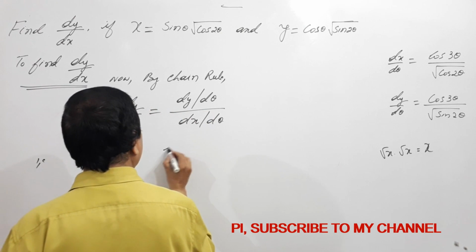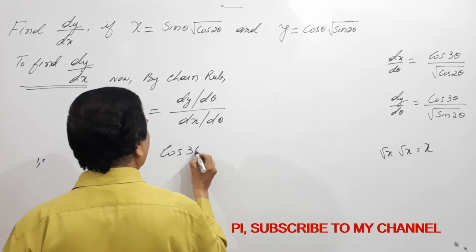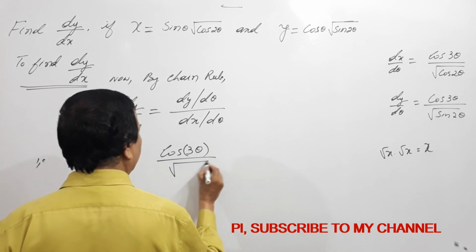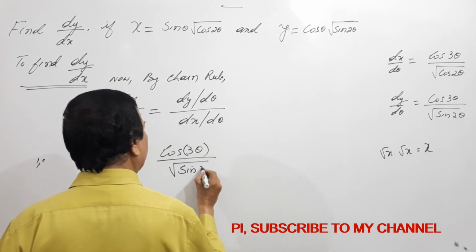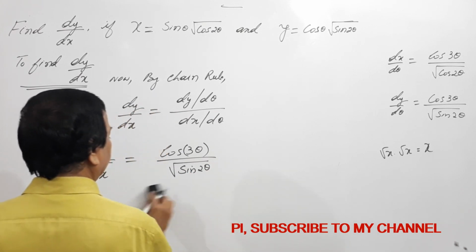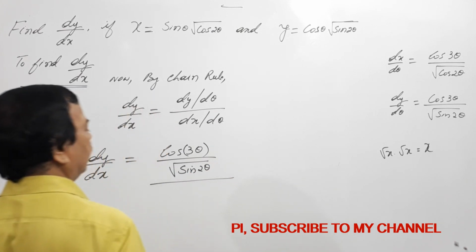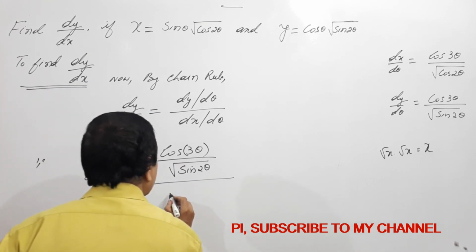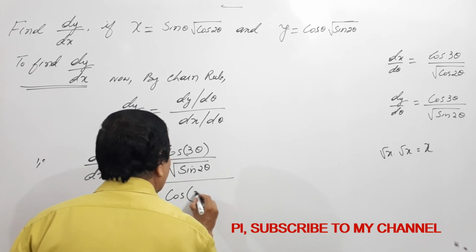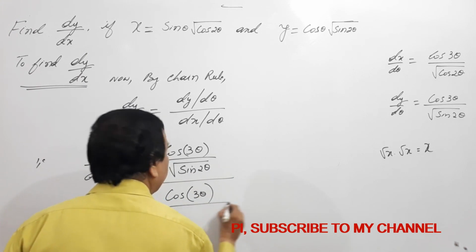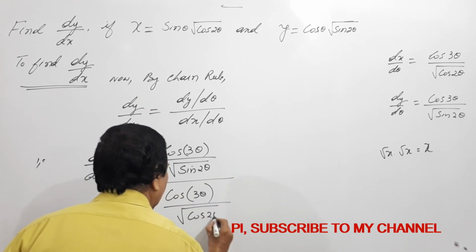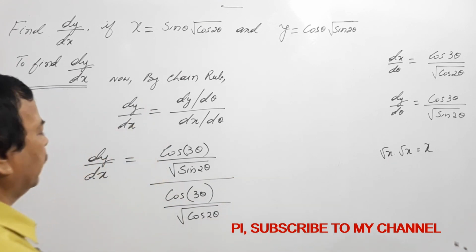Dy by d theta is cos of 3 theta divided by under the root sin 2 theta, divided by dx by d theta, which is cos of 3 theta divided by under the root cos of 2 theta.